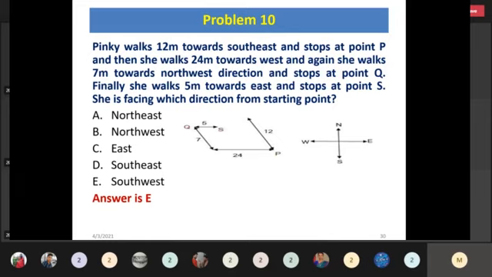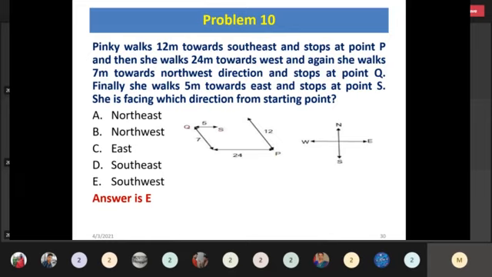The diagram is given. The options are A southeast, B northeast, C east, D southeast, and E southwest.